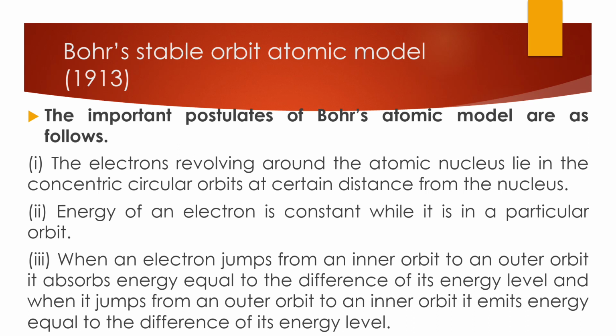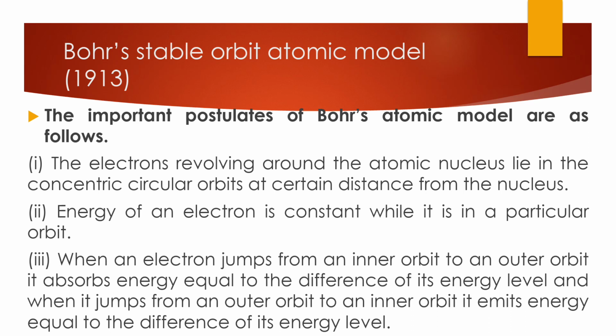The energy of an electron is constant while it is in a particular orbit. Whenever any electron is moving in its orbit, its energy is constant. But when an electron jumps from an inner orbit to an outer orbit, it absorbs energy equal to the difference of its energy levels, and when it jumps from an outer orbit to an inner orbit, it emits energy equal to the difference of those energy levels. So all these electrons are revolving in their circular paths around the nucleus.